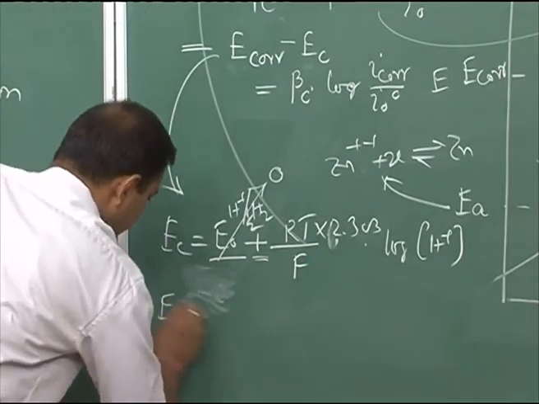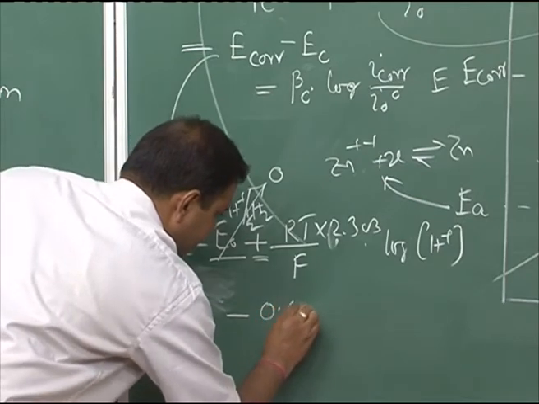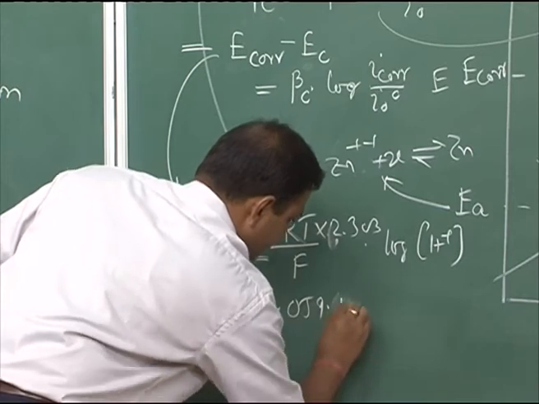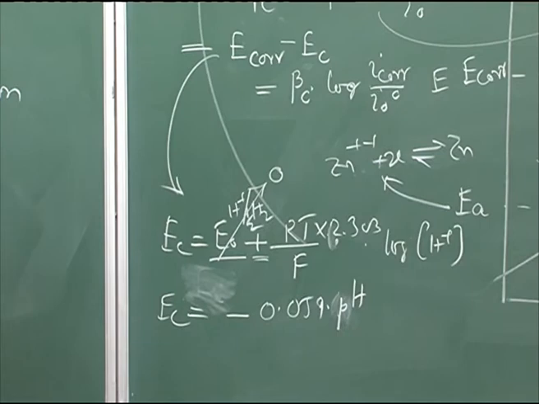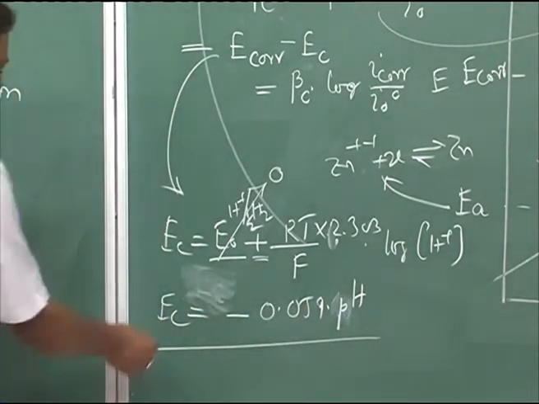So, E c would be equal to minus 0.059 into pH. So, minus log of H plus ion concentration is nothing but the pH. So, this is the equation for E c.